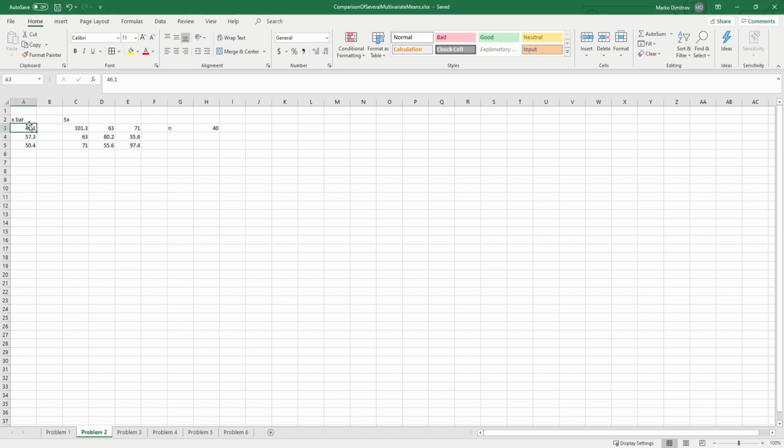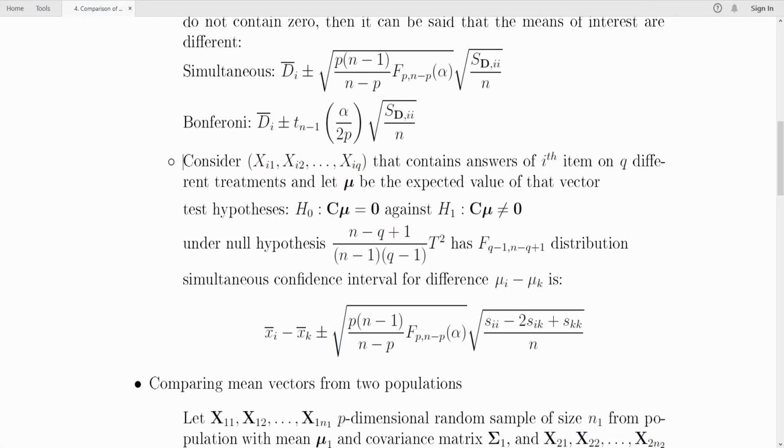And we want to check pairwise, are the means equal? Okay, let's go to the notes for a second. We want to use this part. So we want these simultaneous intervals, we want to use this test statistic, and this alternative, that C mu equal to 0 against C mu is not equal to 0.